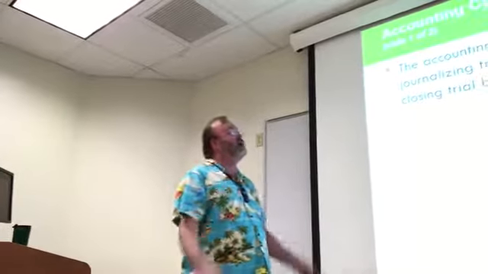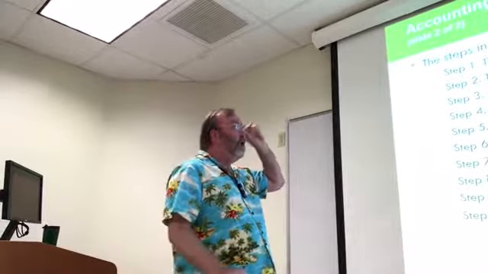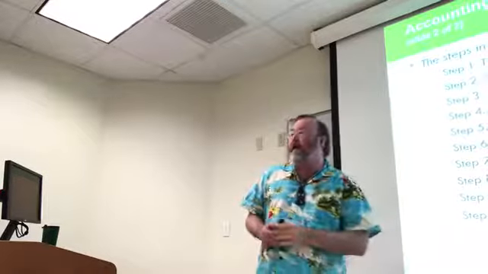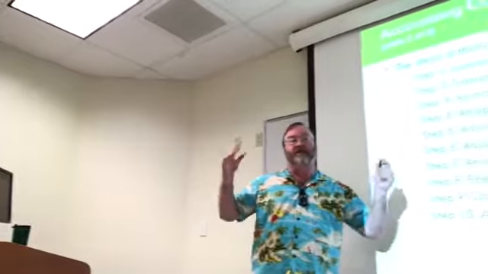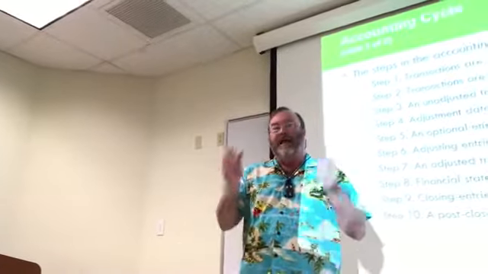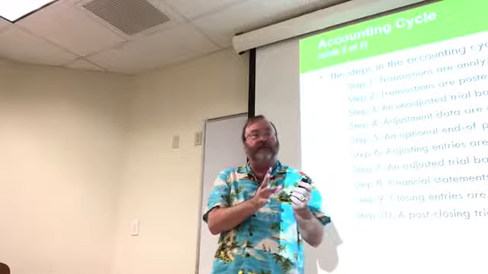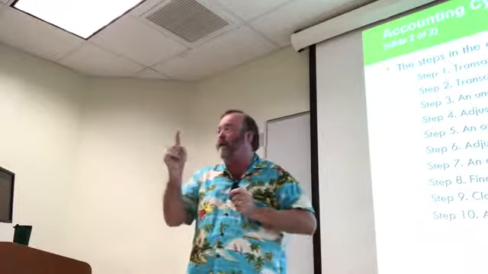All right, so here's the accounting cycle. We started with business transactions. So a business transaction occurs in chronological order. We analyze those transactions. We classify them into a minimum of 2 accounts, 1 debit and 1 credit.